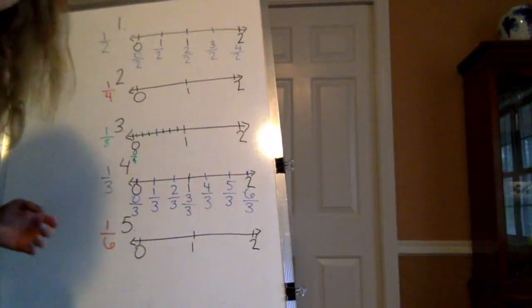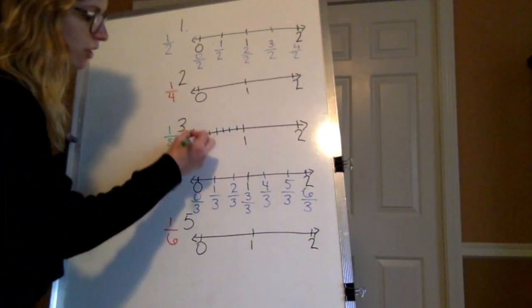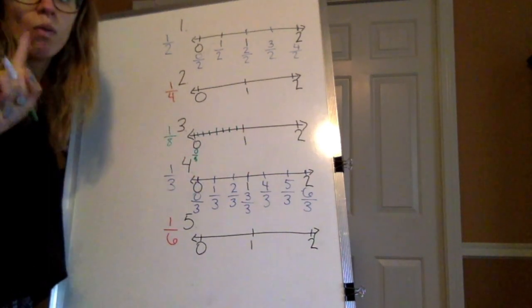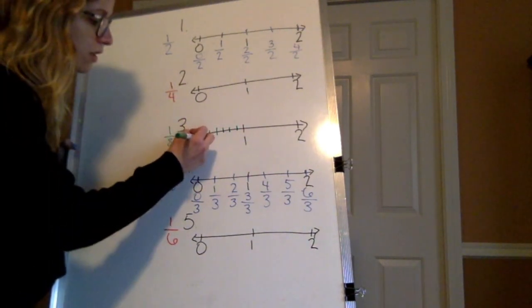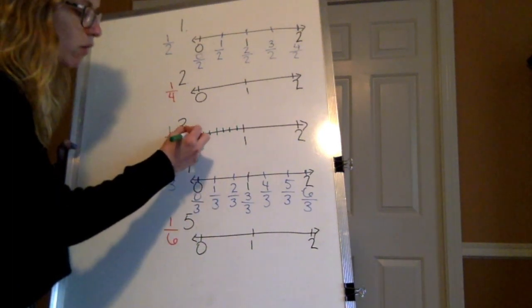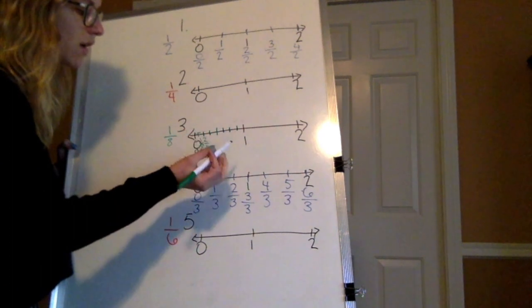I'm actually going to switch right over to this side, might be easier. My next fraction would be where he stopped, my 1/8, my first part. So my 1 part. Now I go to my next, 2/8.